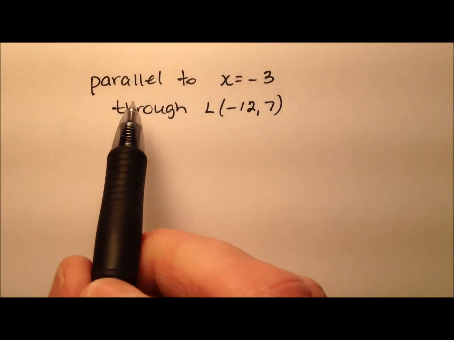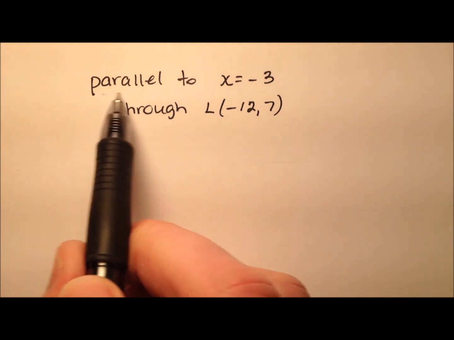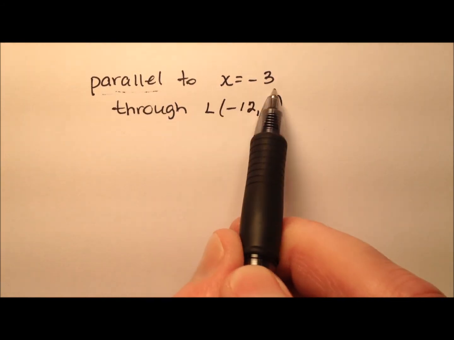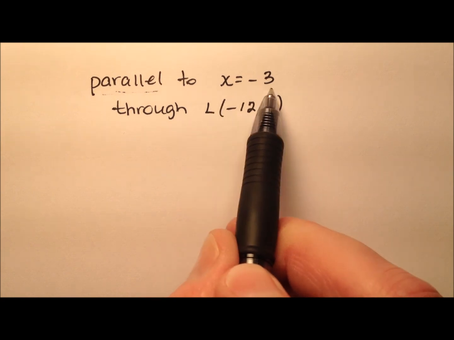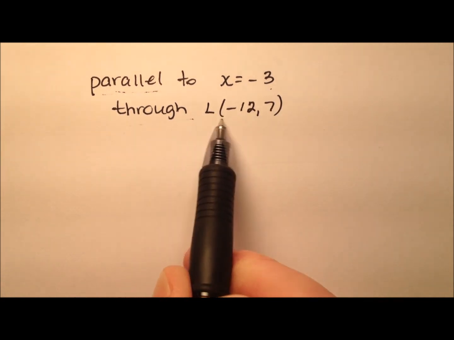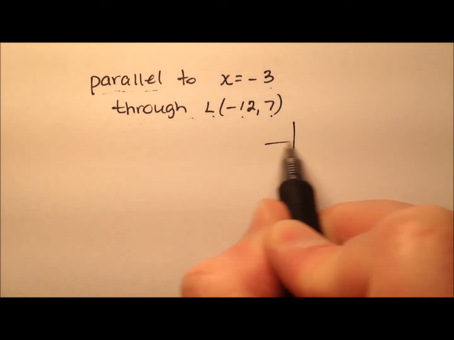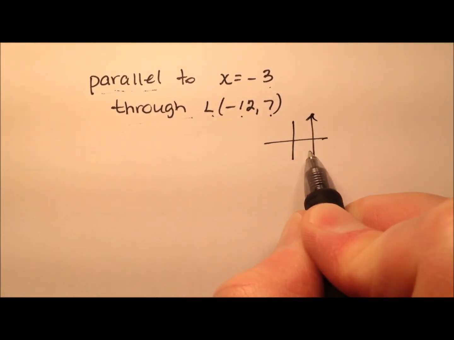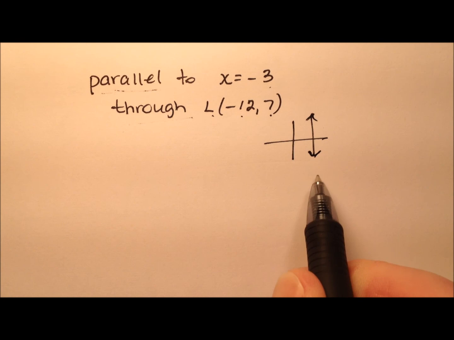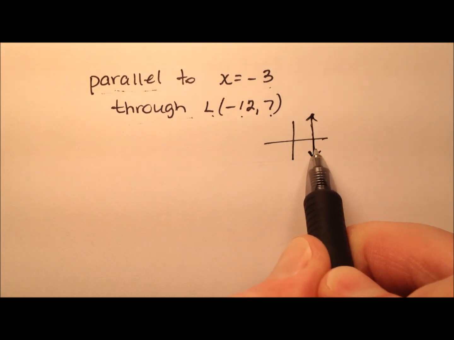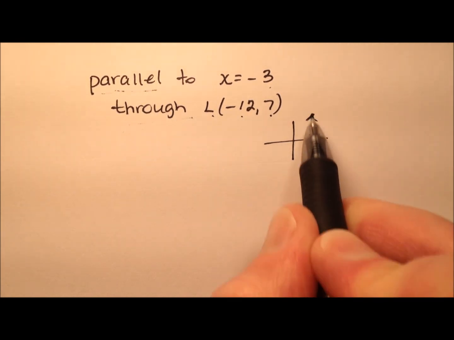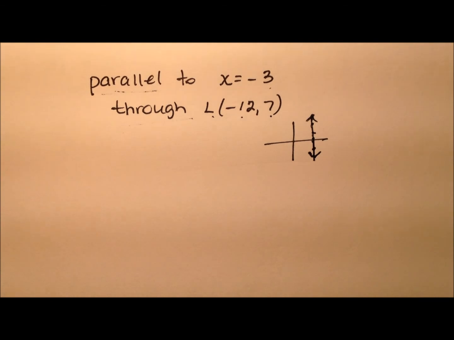In this final example, we want to know the equation of a line that's parallel to x equals -3, which is a vertical line, except it's going to pass through this point L, (-12, 7). So all vertical lines will go up and down, and they'll have the same x value, but they'll have all these different y values since it's parallel to the y-axis.